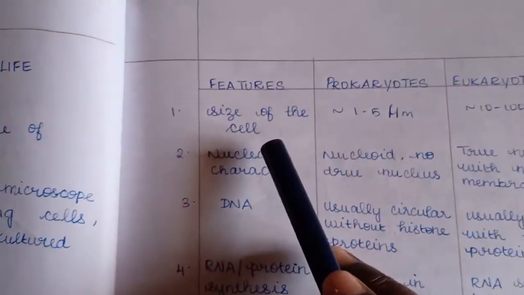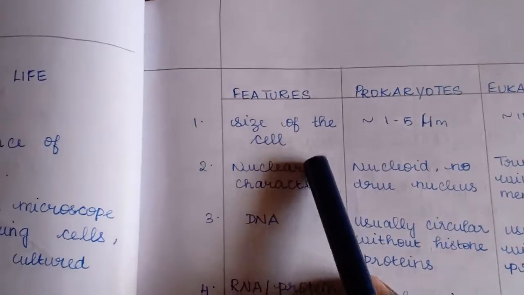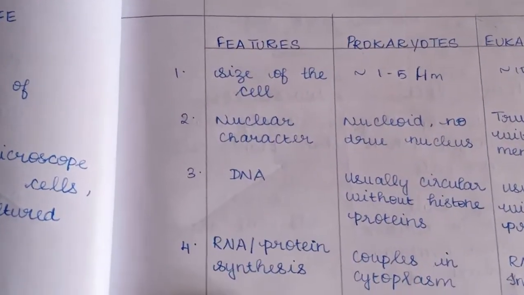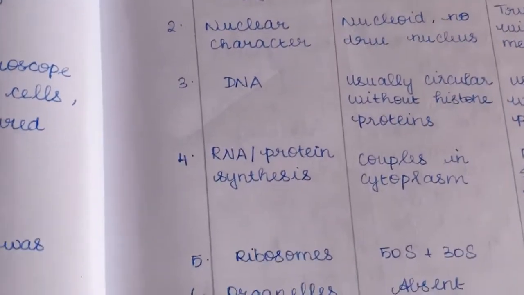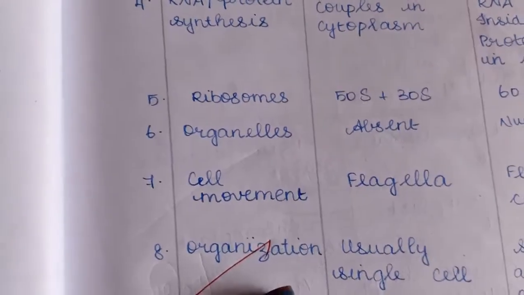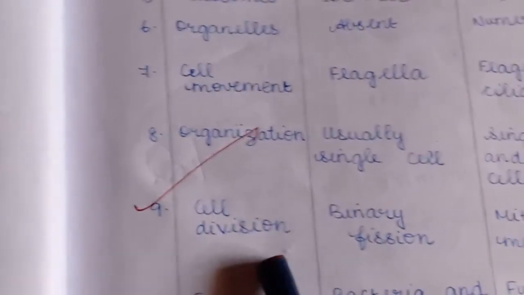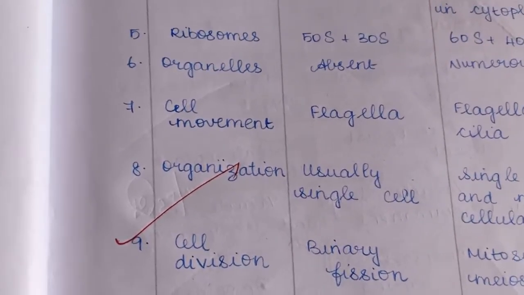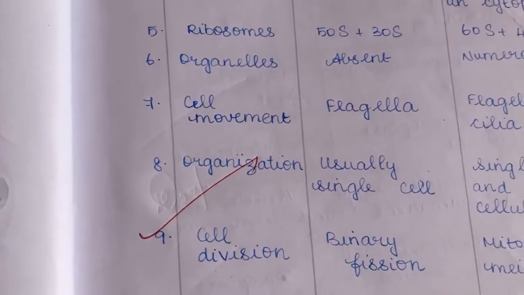Let's look into the features one by one. Size of the cell, nuclear character, DNA, RNA protein synthesis, ribosomes, organelles, cell movement, organization, cell division, example. So these are the 10 points that we have taken for the features.